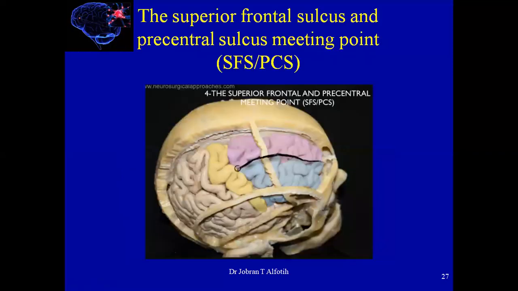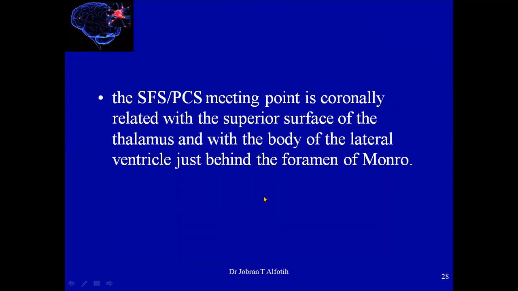Another landmark on the frontal side is the superior frontal sulcus and precentral sulcus meeting point. Here is the superior frontal sulcus meeting the precentral sulcus in this area. This point is very important because it is related to the superior surface of the thalamus and also the body of the lateral ventricle behind the foramen of Monro.